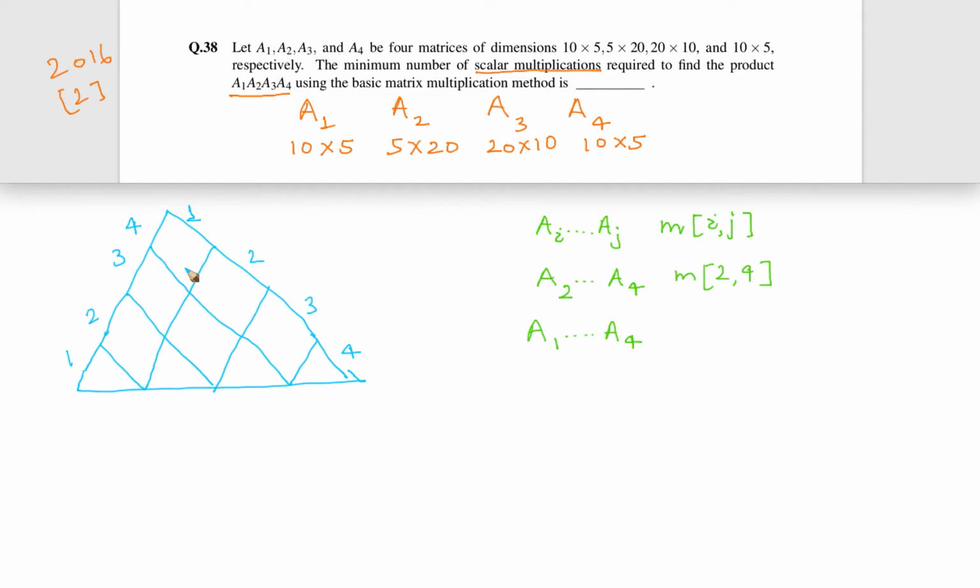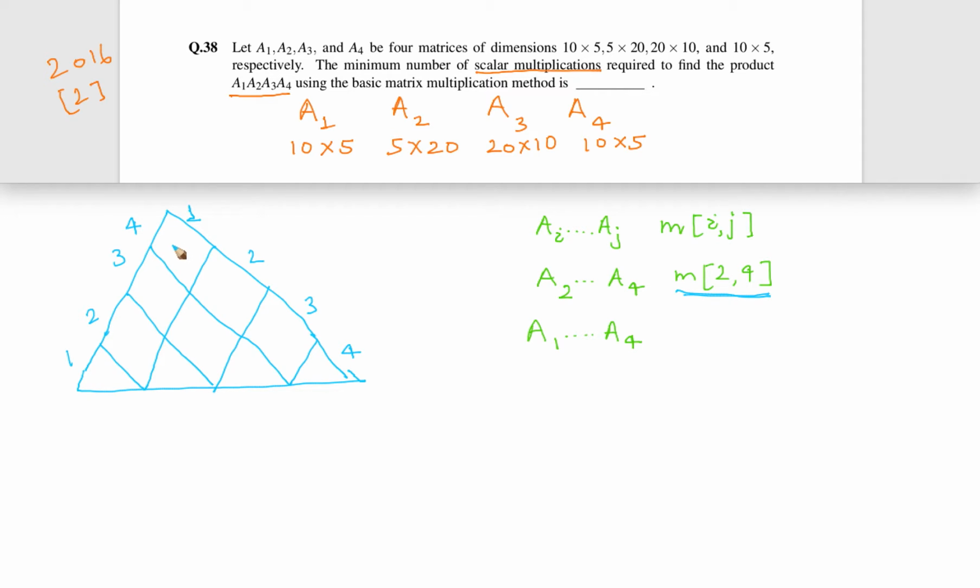Each cell represents something like this. When I'm talking about M24, it is this cell, 2 4 in the table. When I'm talking about M14, it is this cell. The cells at the bottom are smaller subproblems, and the cell at the higher level is the bigger subproblem.